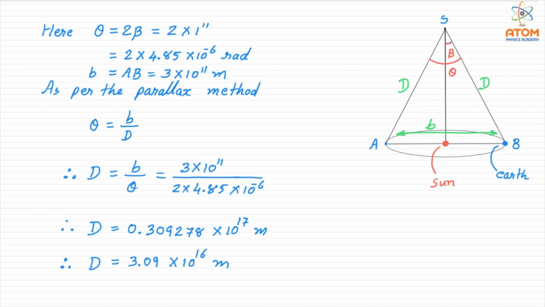So we can say this is the value of parsec in meter. So let me put that. So 1 parsec is 3.09 into 10 raised to 16 meter. That is what was asked in this question.